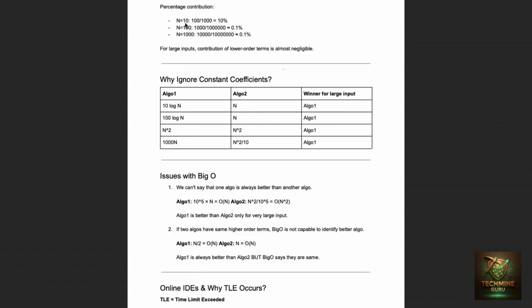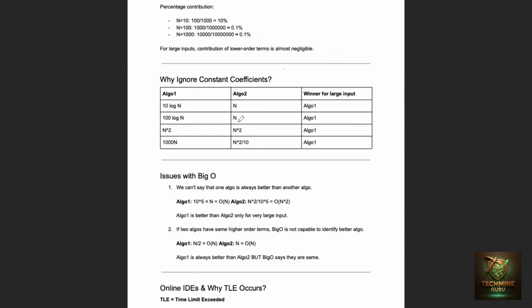When n was equal to 10, the lower order term was giving a value of 100, which means 100 divided by 1000, which is 10%. When n is equal to 100, the lower order term was giving 1000 and the higher order term was giving 10 lakh, which was approximately 0.1% contribution. In a similar fashion for larger n as well. So from this we understood that for larger input, the contribution of lower order terms is almost negligible.